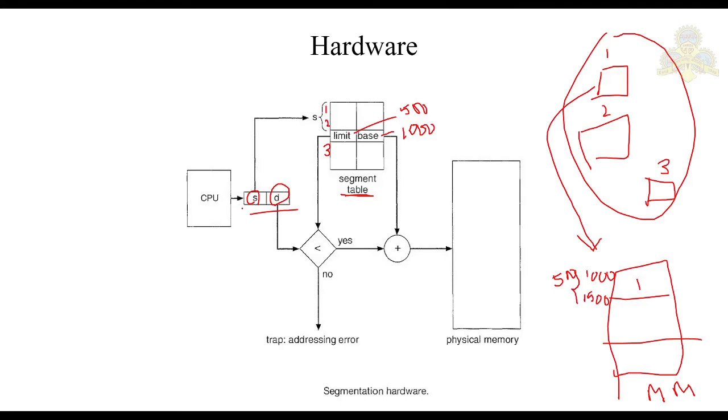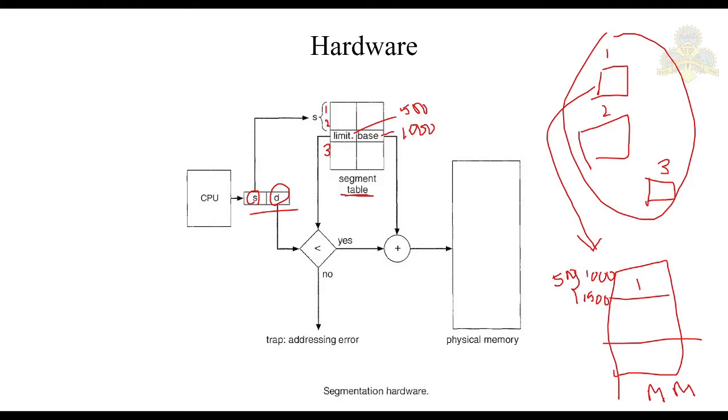Whenever the CPU generates a logical address, it is divided into two parts, segment number and displacement. The segment number is searched in the segment table, and if there is a match, you get that particular index or segment number. You first take the limit of that particular segment in the main memory.